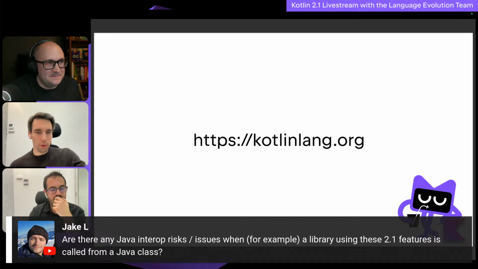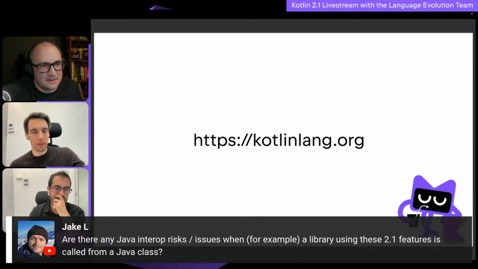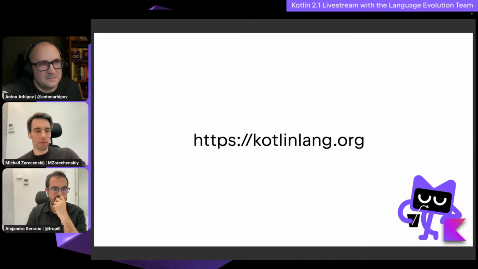No, no risk regarding calling it from a library, because all those features do not affect ABI, so they do not affect any binary metadata, because all those features tend to be used inside bodies of your function. So it's safe, and you can call them from a different library, from a different module, or from Java.